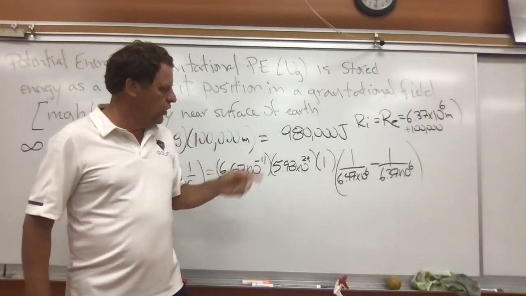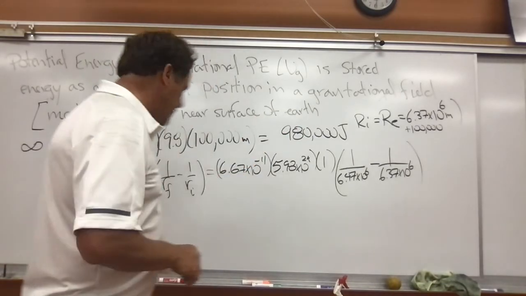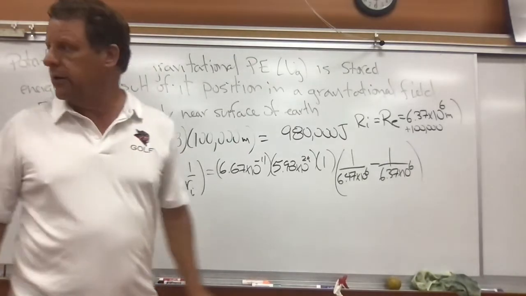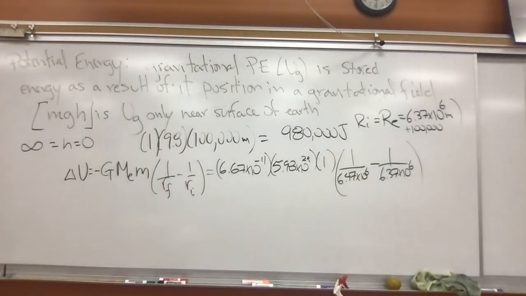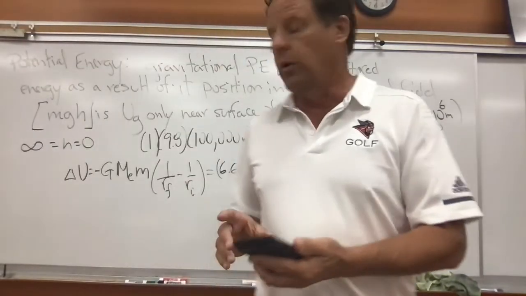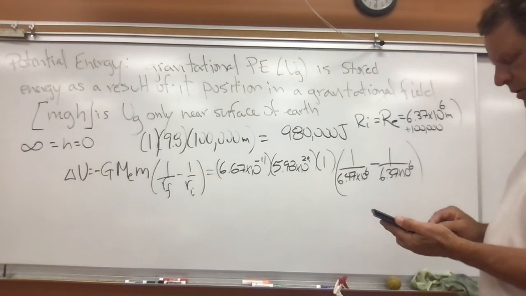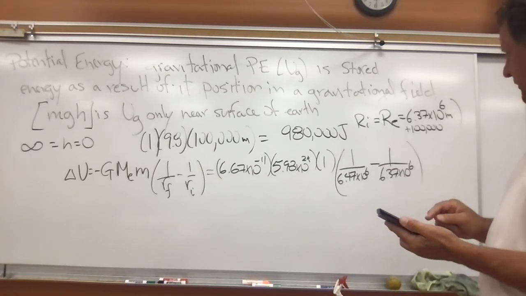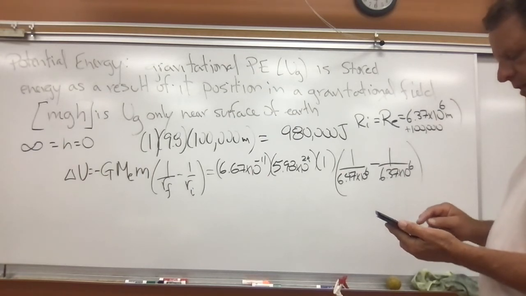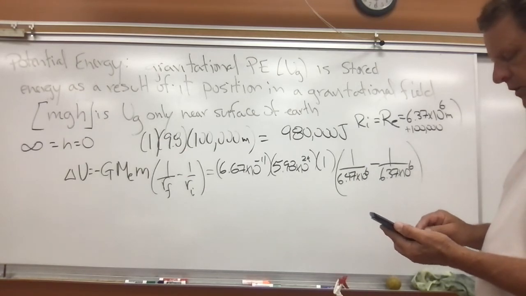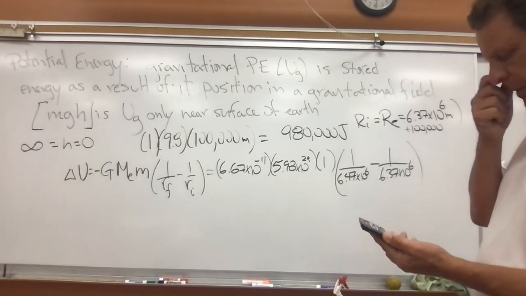All right, so you guys, if we plug these numbers into our calculator, I'm first going to say 6.47 times 10 to the 6th inverse minus 6.37 times 10 to the 6th inverse equals.